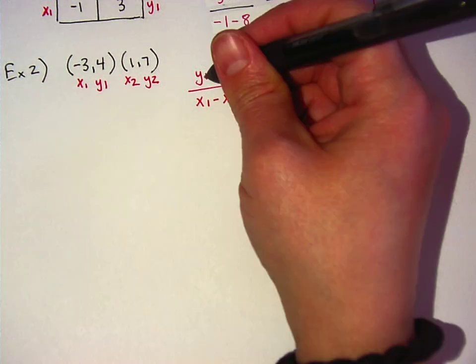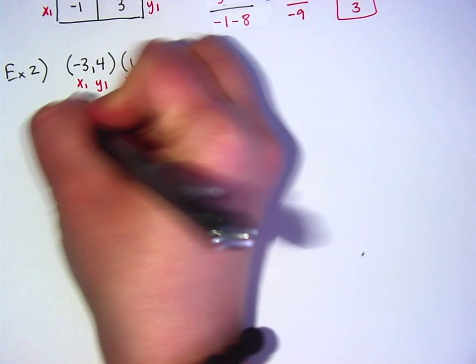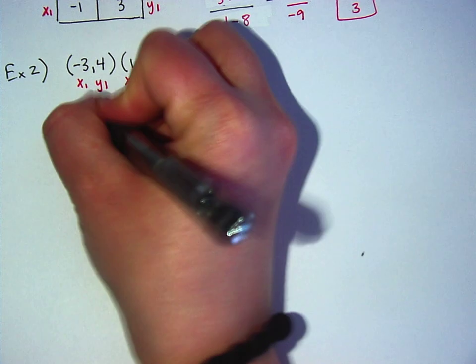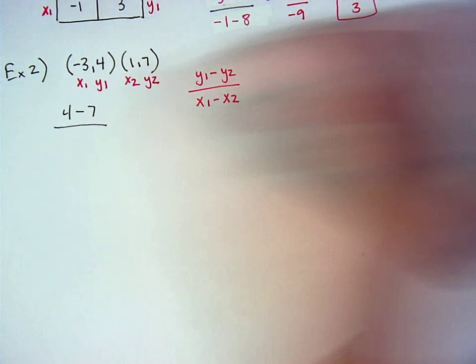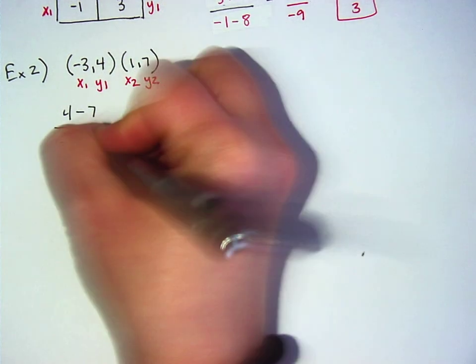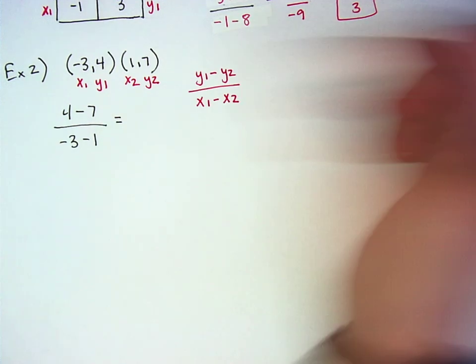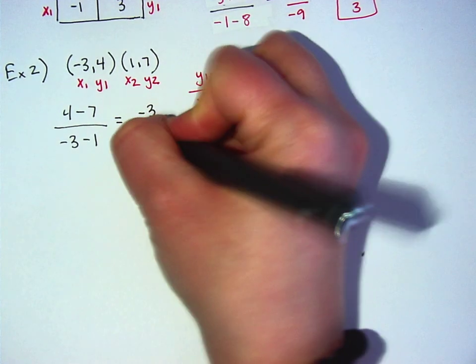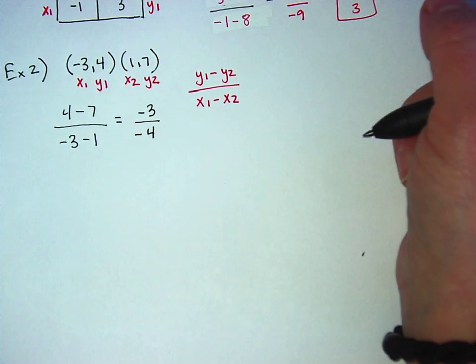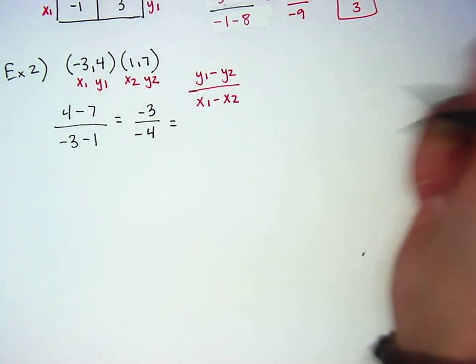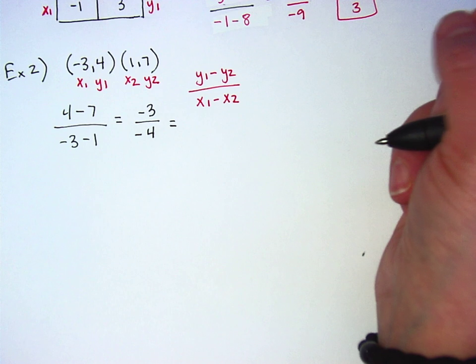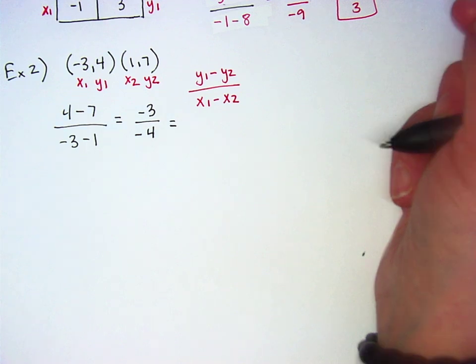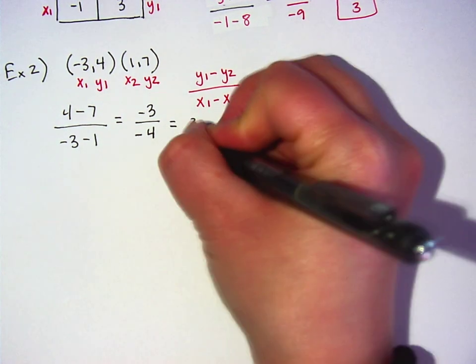So y1 is 4, 4 minus 7 on top. On the bottom is -3 minus 1, which is -3 over -4. Do you guys get the same thing? Which reduces to what? What's a negative divided by a negative? Positive. So the final answer on this one is 3/4.